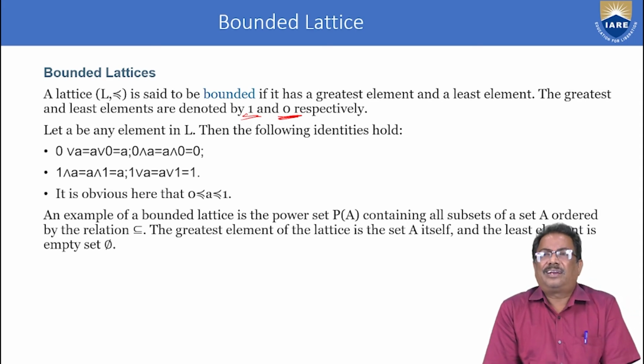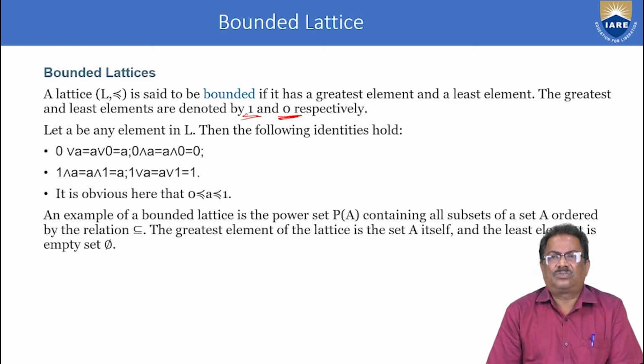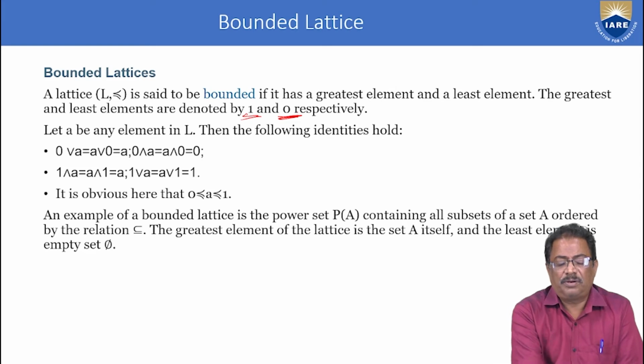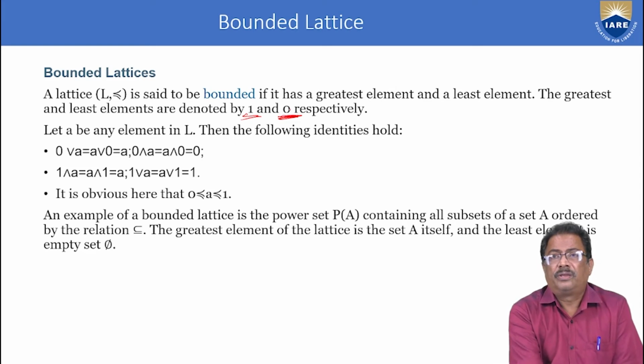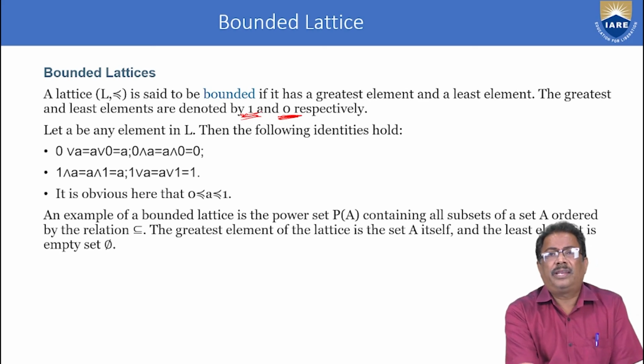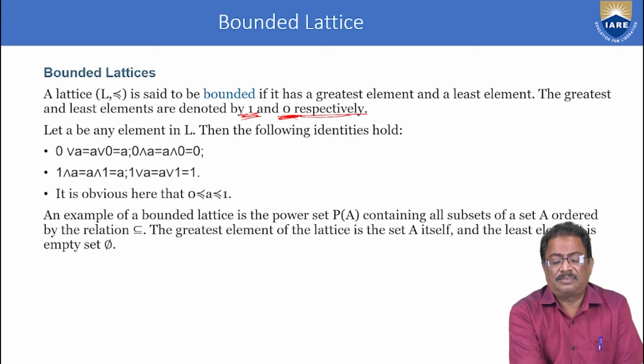Almost all the lattices are bounded lattices, because every lattice, if you consider it, has a least and a greatest element. Such a lattice is known as a bounded lattice. Here the least element we call 0 and the greatest element we take as 1.